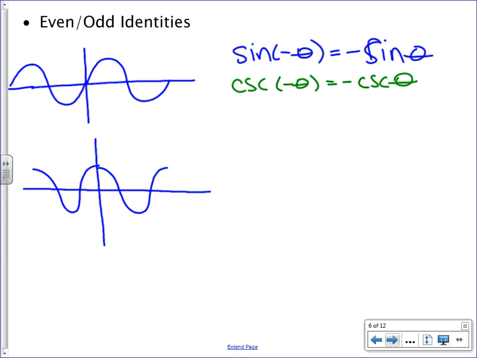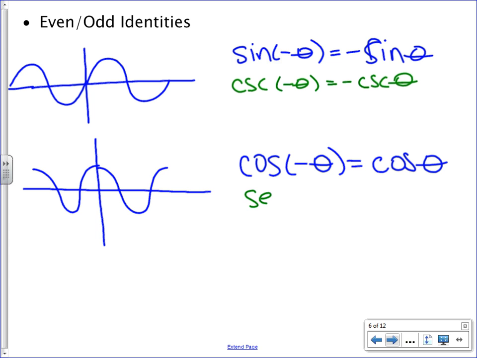Algebraically, for even functions, f of negative x was the same thing as f of x. And since we graph the secant based on the cosine, it has the same.